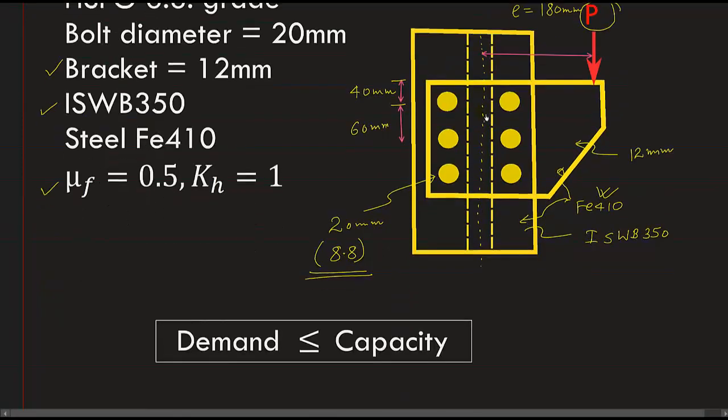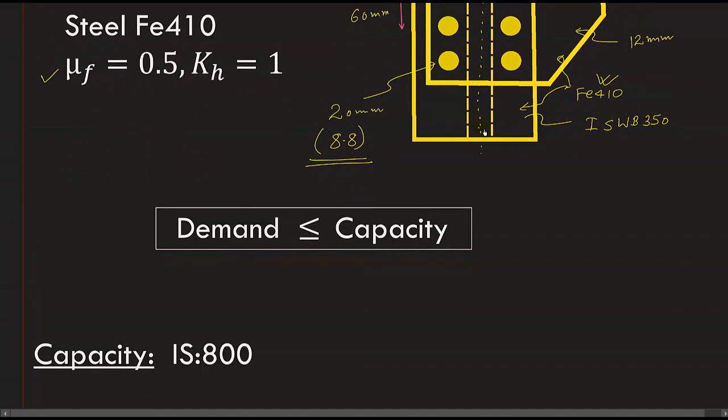If you remember, in initial classes we said that to check the safety of any system you have to calculate the capacity, that is the maximum amount that can be resisted by this system, and you have to calculate the demand that is coming from the external loading condition, and then you have to compare.